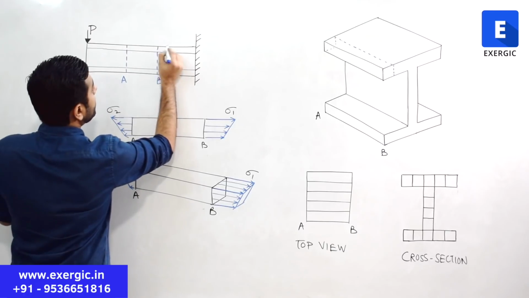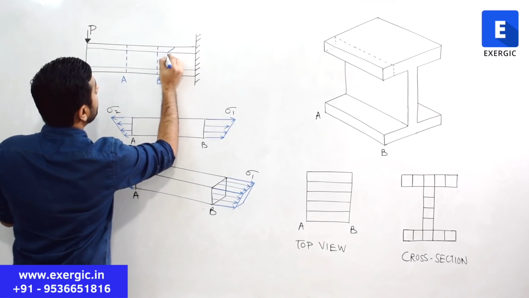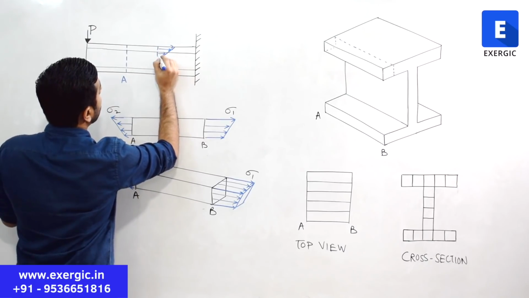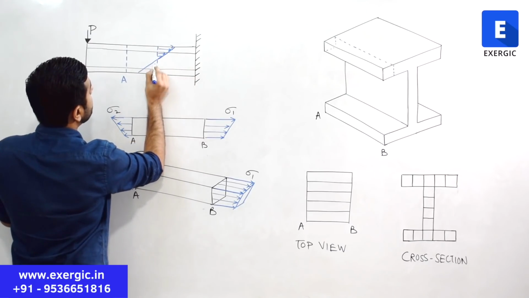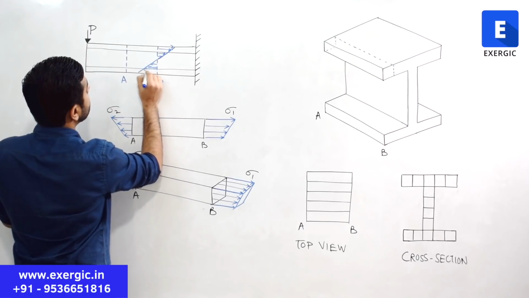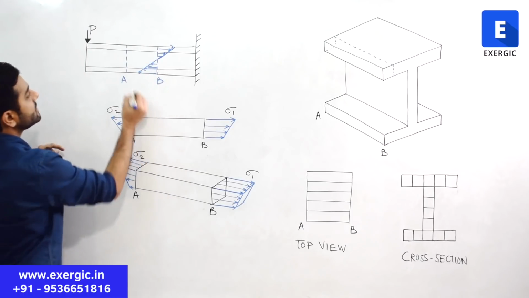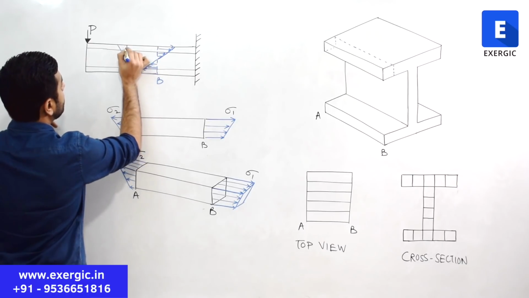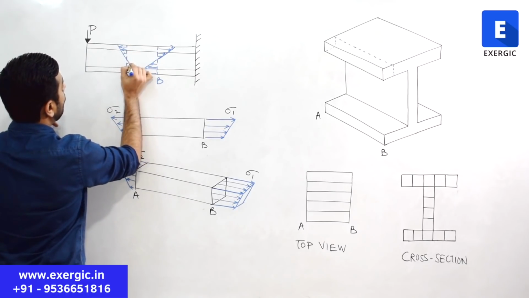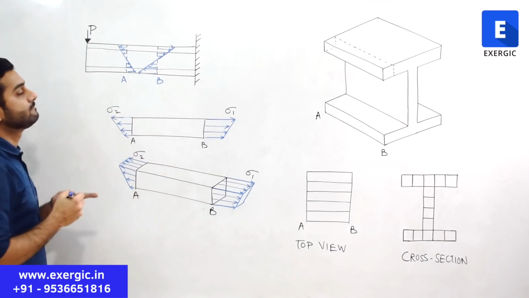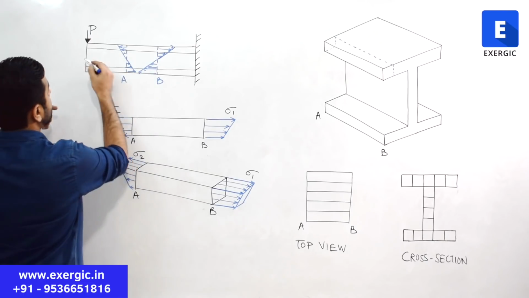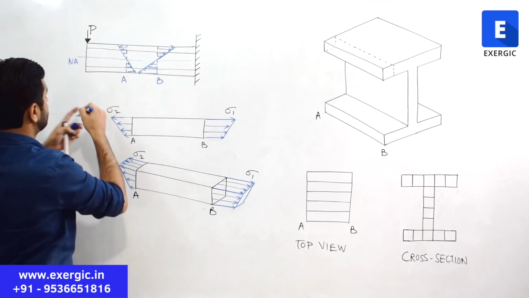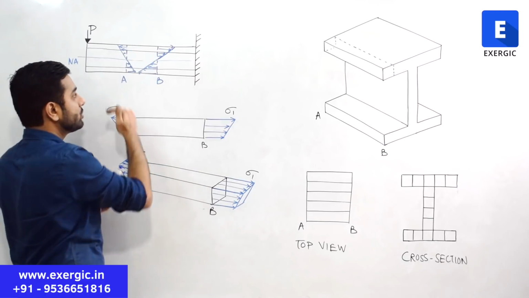So this part here, the upper part, is going to be in tension, and the lower part is going to be in compression, right or not? Similarly here also, upper part will be in tension like this, lower part will be in compression, right or not? Suppose this is the neutral axis. So above that it is tension, below that it is compression.